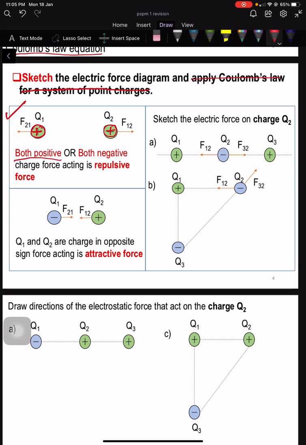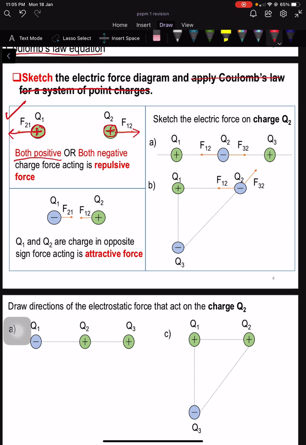What will happen to these two charges? They will experience a repulsive force. The force acting on Q1 will be to the left, and the force acting on Q2 will be to the right.